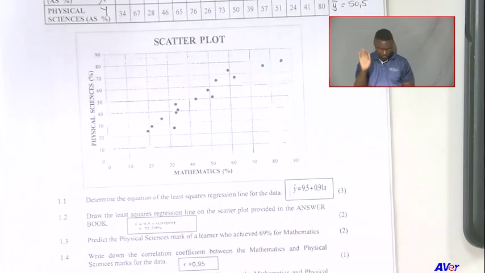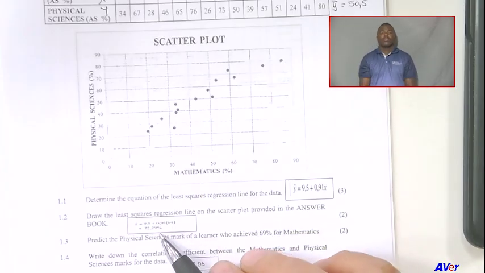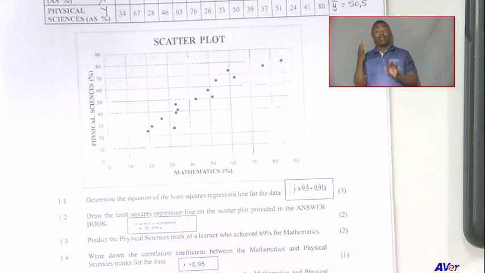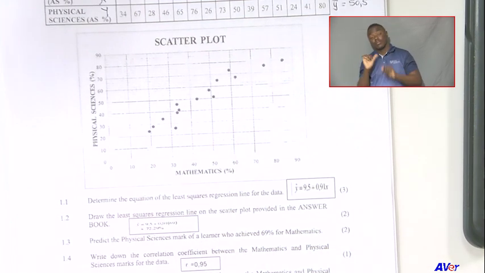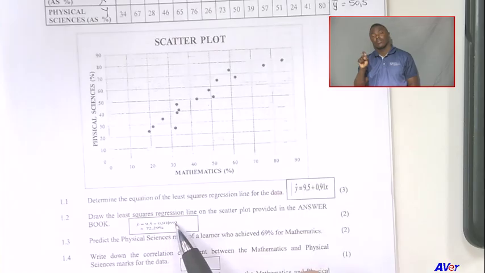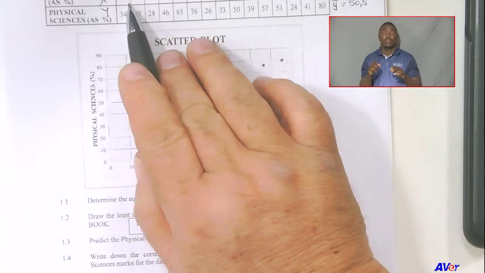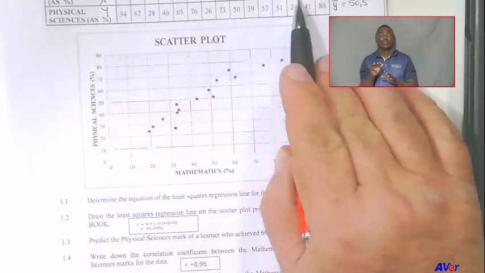Is that clear? Now people, let's just quickly look at 69. Is that an accurate mark for science? Is it interpolation or extrapolation? Interpolation. Do you see that x is 69? The smallest value here is 19.